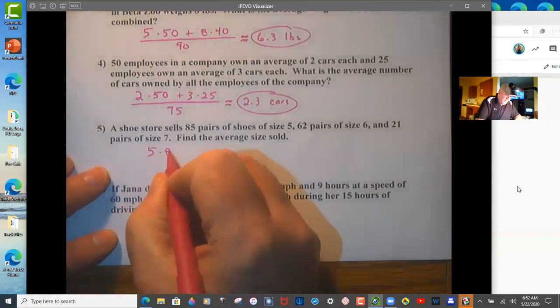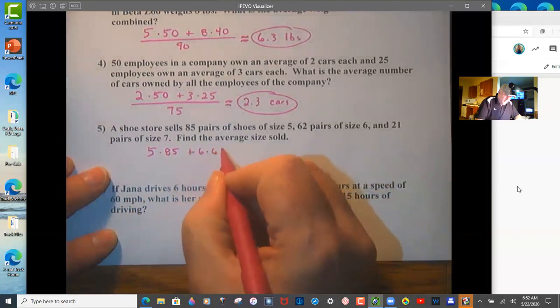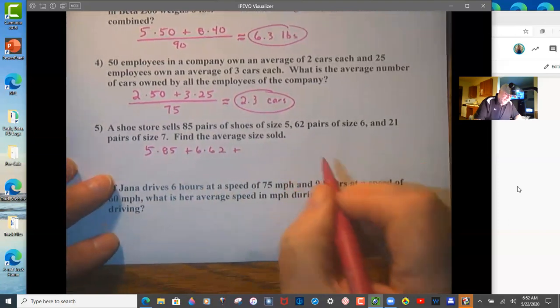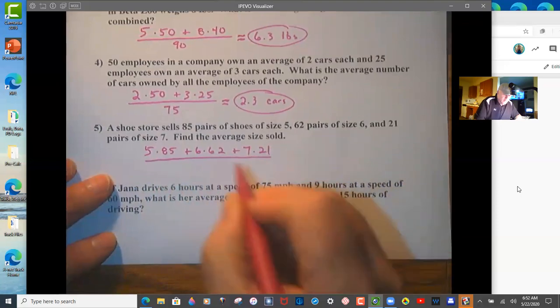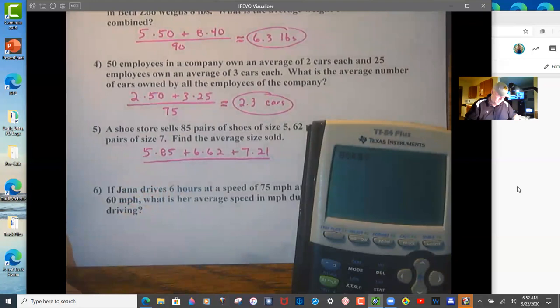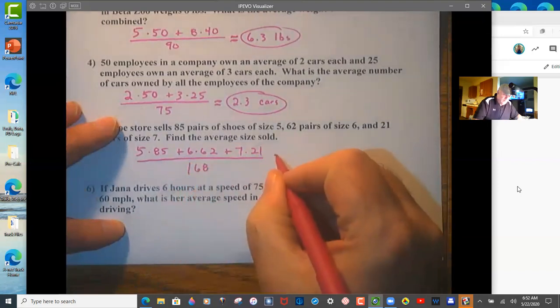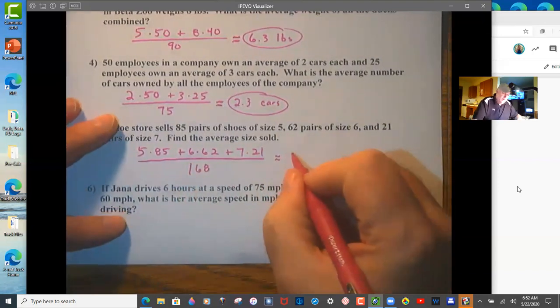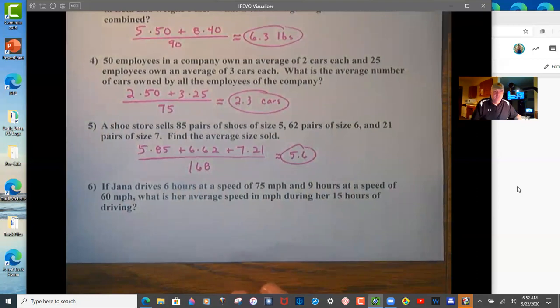So 5 times 85 plus size 6 times 62 plus size 7 times 21 divided by the sum of the frequencies, 85 plus 62 plus 21, and that's 168. And that is an average size of 5.6. It's pretty easy to do all this.